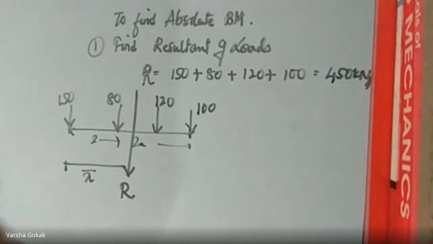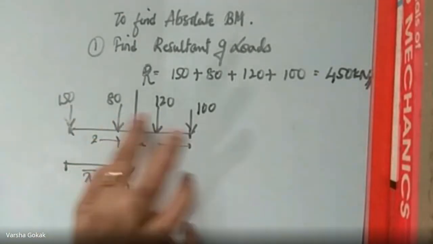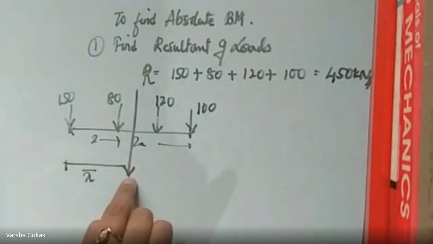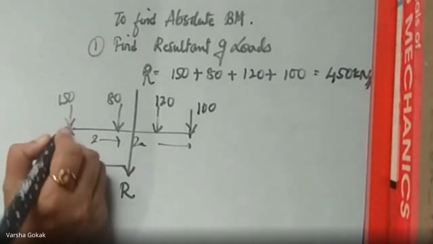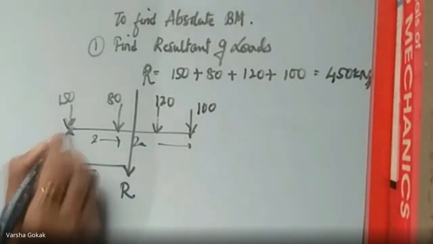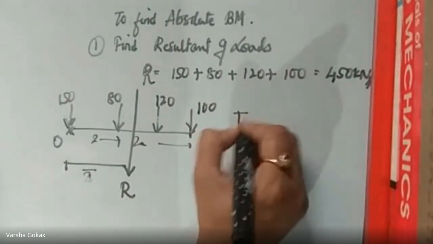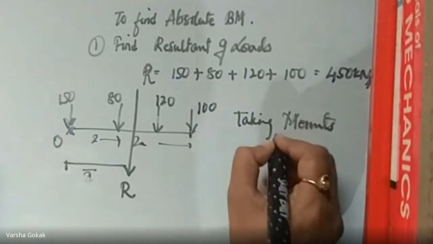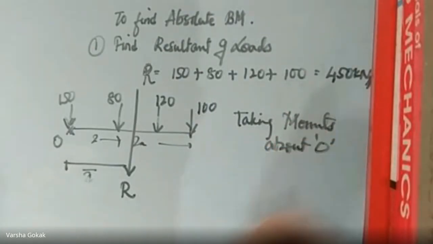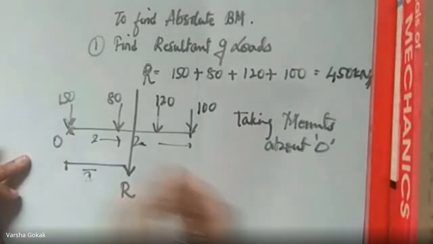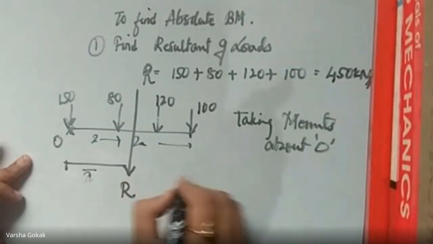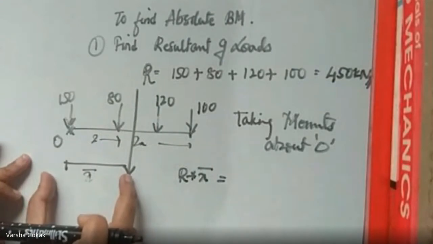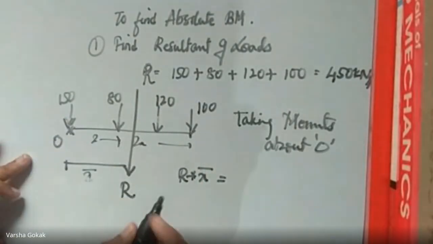Now, according to Varignon's theorem, the moment of all these forces about any point should be equal to the moment of this resultant about the same point. So let us say we will take the moment of all the forces about point O. Taking moment about point O, the resultant into x bar, that is R into x bar, is going to be equal to the moment of the forces.